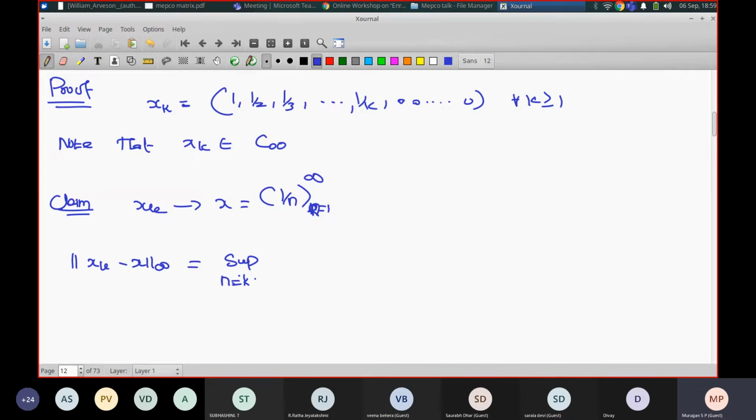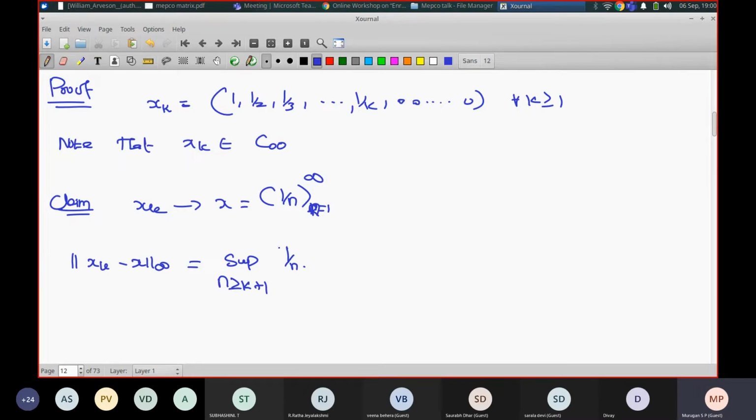What is that? n greater than or equal to k plus 1. It is 1 by n, right? But what is the supremum over n greater than or equal to k plus 1? You know 1 by n converges to 0, right?